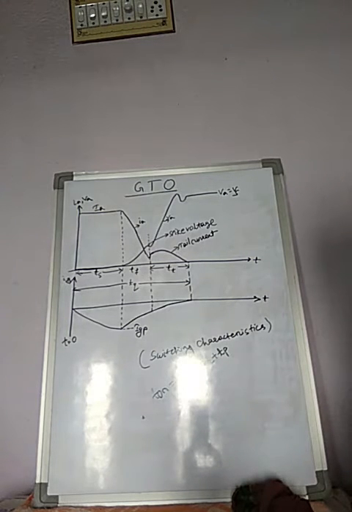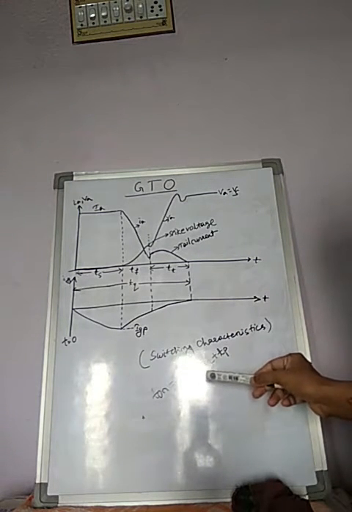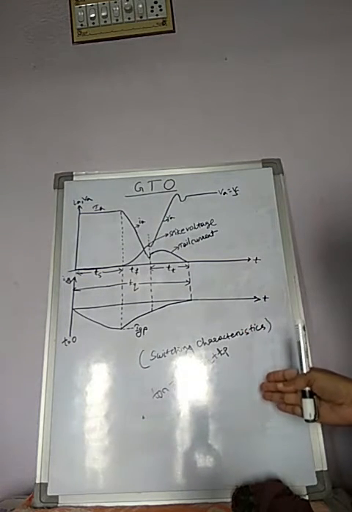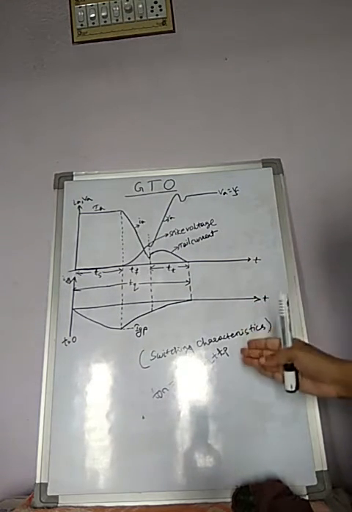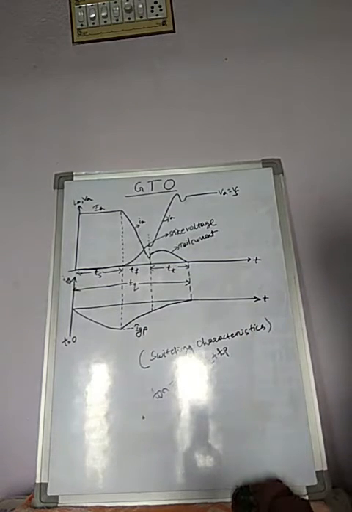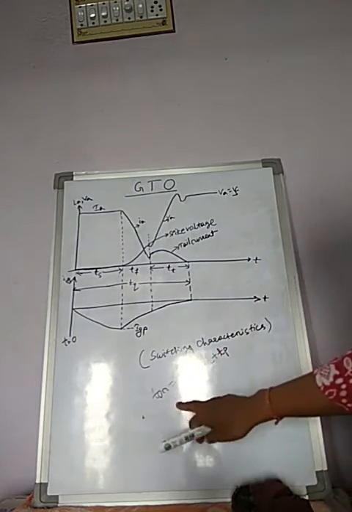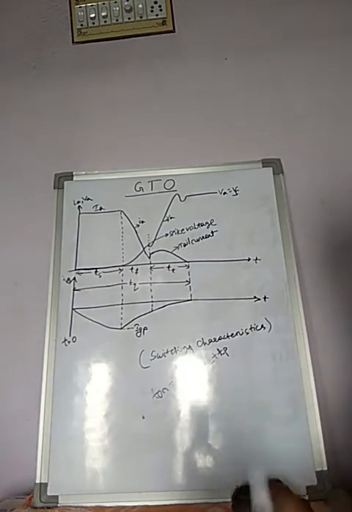Here the turn on time in case of GTO can be decreased by increasing its forward gate current, same as thyristor. So when we increase the forward gate current, the turn on time is reduced. Then next, go to the turn off part.